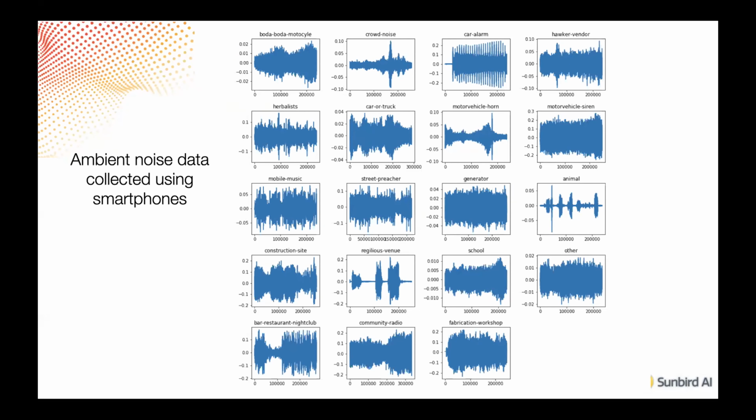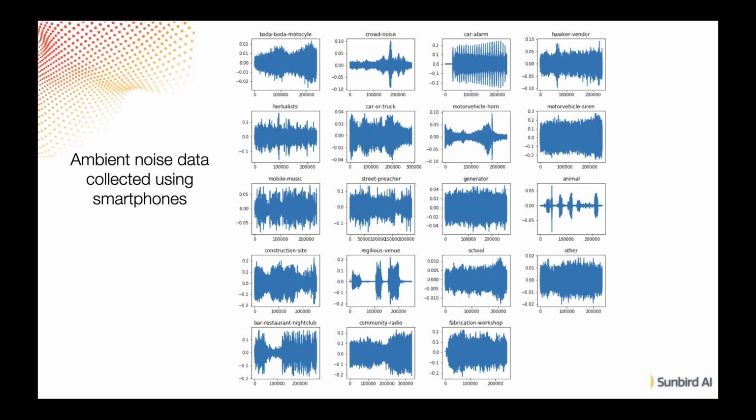And so this diagram shows a random sample of examples of noise from different categories. As you can see, street preacher, mobile music, generator, animal, community radio, etc. One idea of visualizing this was to see, if you look at it visually, can you build a model that can distinguish between these types of noises if they're hard?